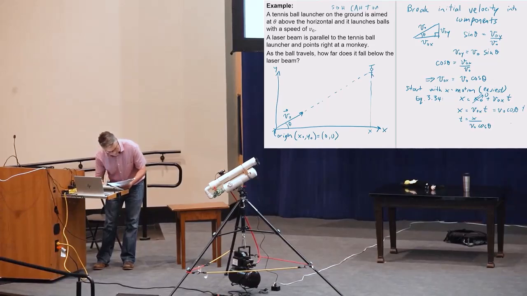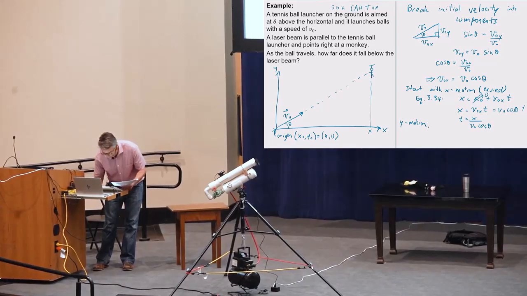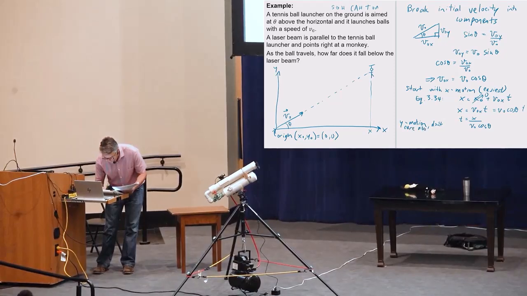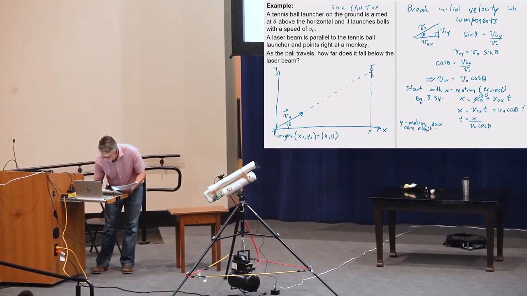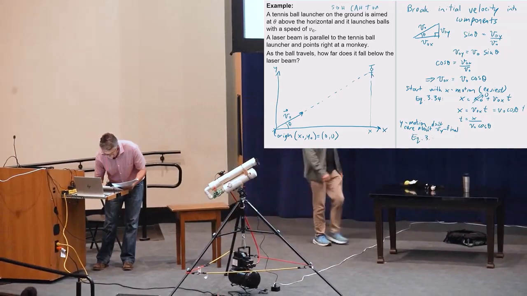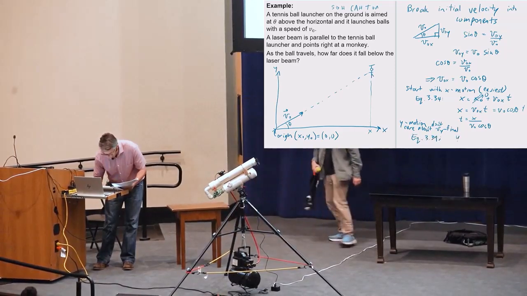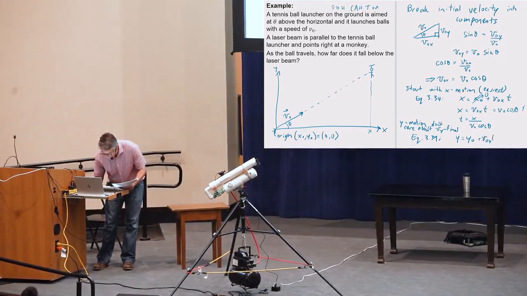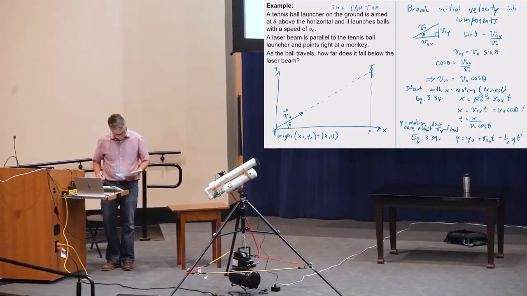And then we can use the y motion, in which we don't care about the final speed. We care about vy final. So if we don't care about vy final, we can use equation 3.39, which is that y is equal to y0 plus v0y times t minus 1/2 gt squared.